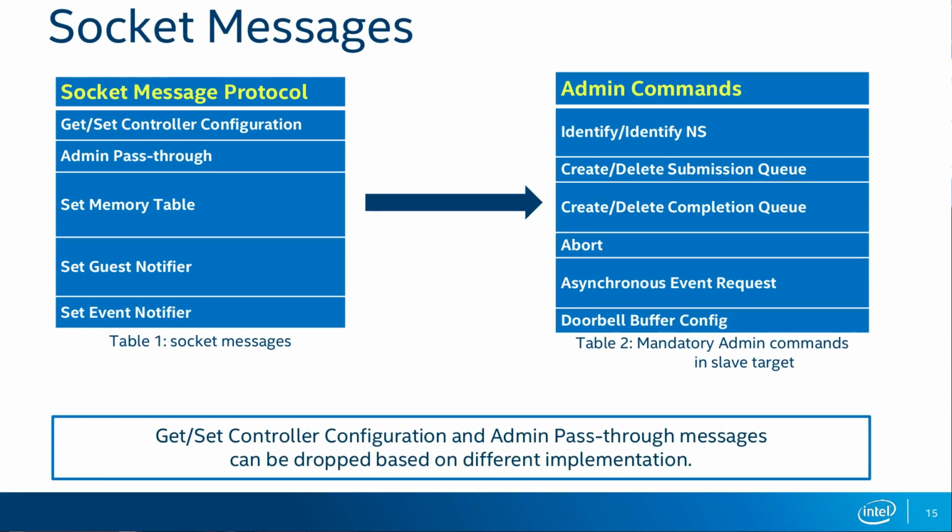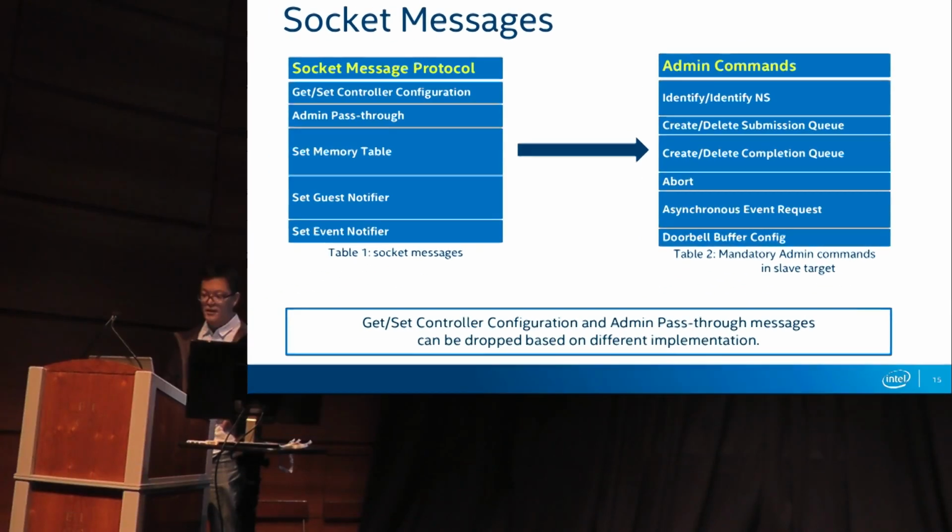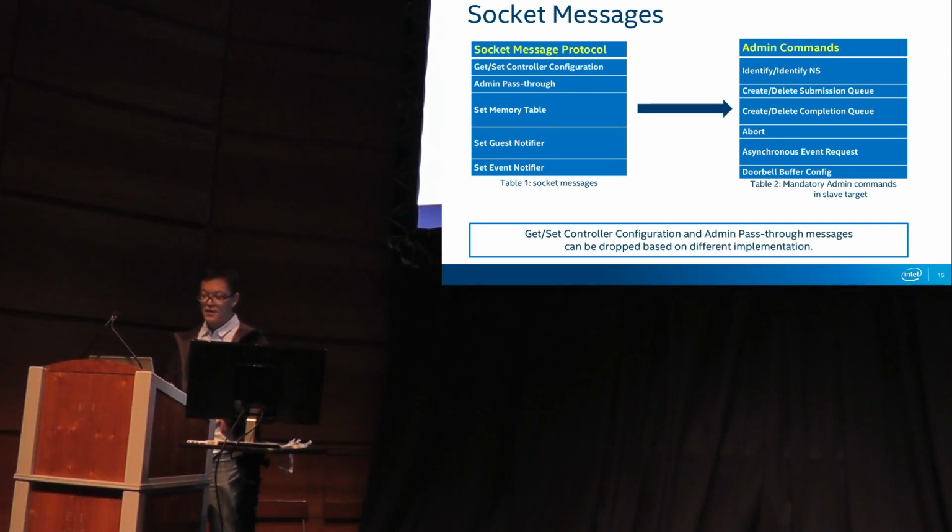As you may know, the core idea of the vhost-user solution is to share the IOQs between the guest and the vhost target. Here, socket messages are used to set up such a communication channel. For the NVMe solution, we reused a lot of existing vhost code to set up the communication channel between the guest and the vhost target. The first one is set event notifier.